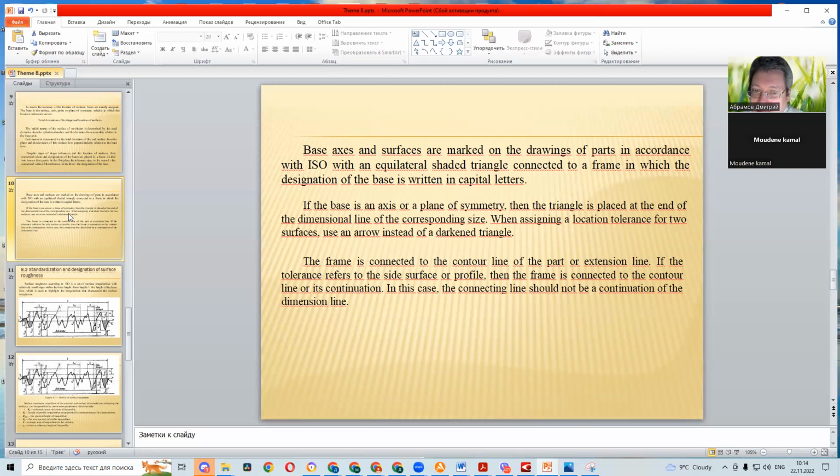If the base is an axis or plane of symmetry, then the triangle is placed at the end of the dimensional line of the corresponding size.